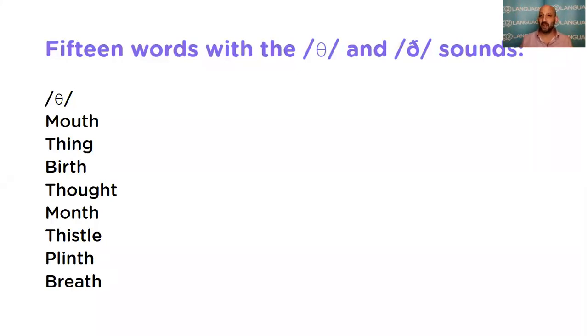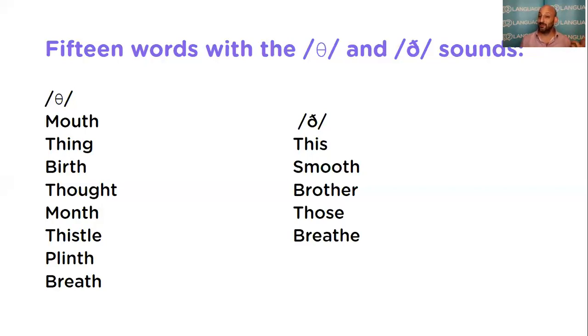And then breath, breath, 1 breath, 2 breaths. And then the voiced th sound: this, smooth, brother, those, breathe, not breath, breathe, and northern. I could have said southern as well. Okay, so that was the homework that I came up with. I don't know how that tallies with the work that you have done. Hopefully it was very similar to what I did.